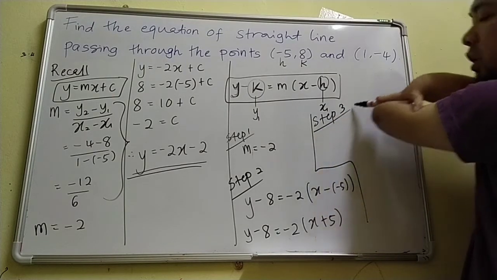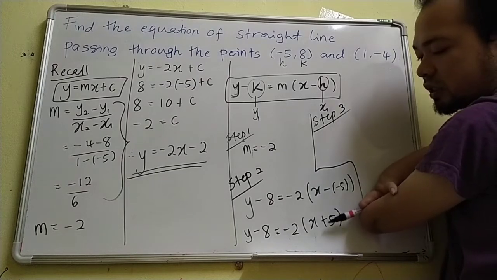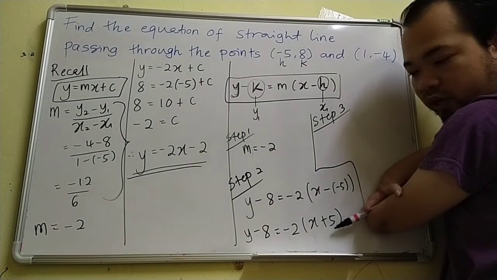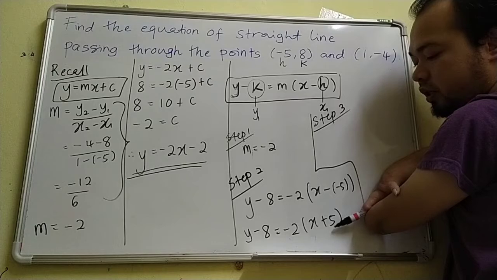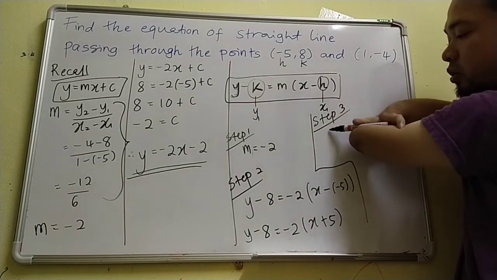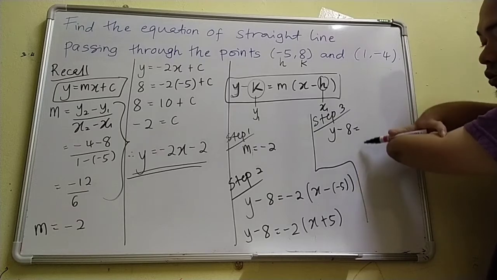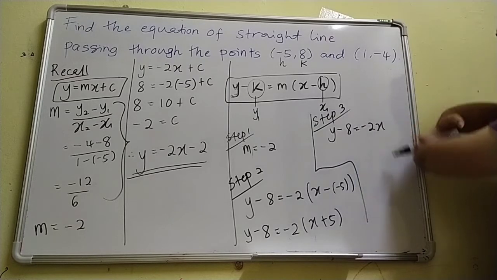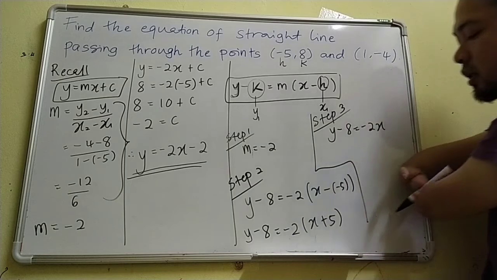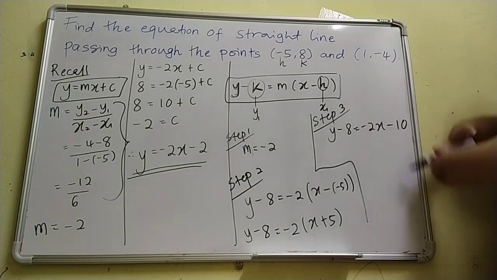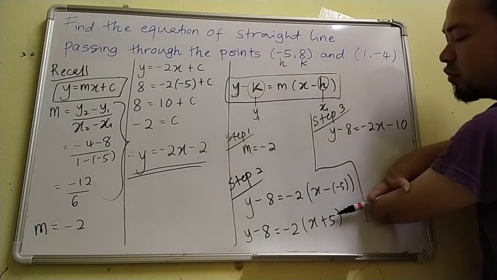Last step, step number 3: you can rearrange, make y the subject. First I want to expand. When I expand, I will get y minus 8 is equal to negative 2x, because negative 2 times x, minus 10, because negative 2 times 5 is minus 10.